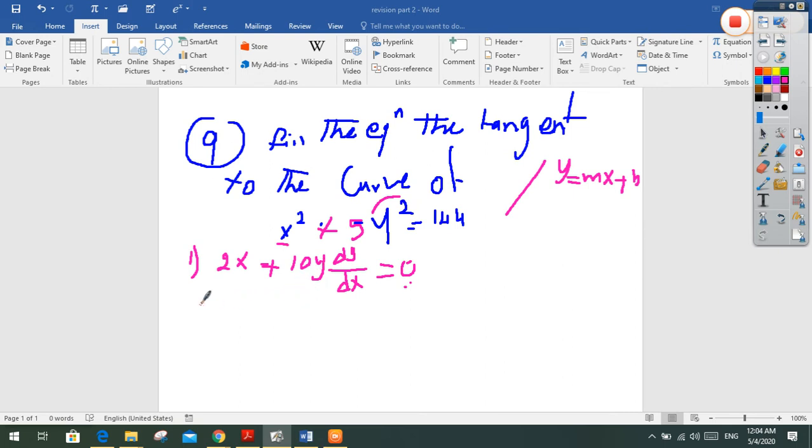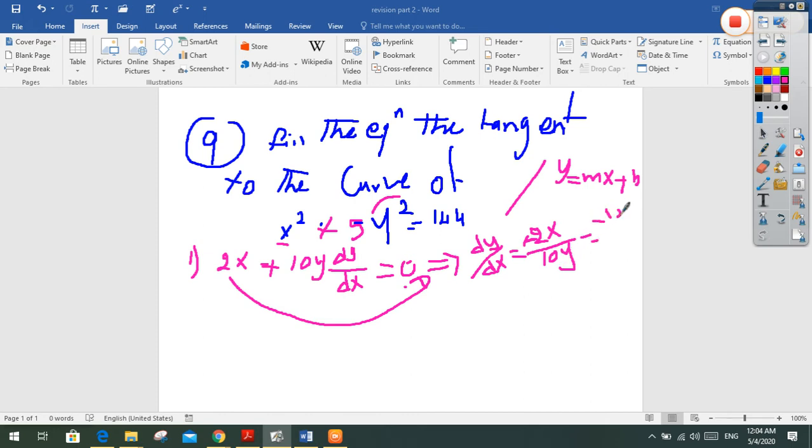Then separate dy by dx: let 2x go to the other side with a different sign. dy by dx equals negative 2x over 10y. In the simplest form, it will be negative x over 5y.